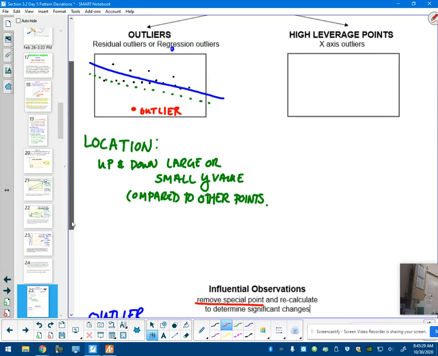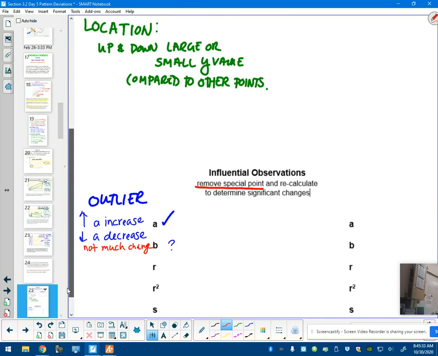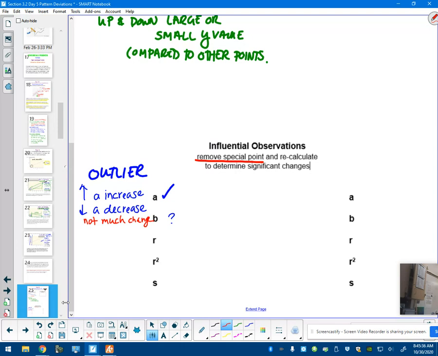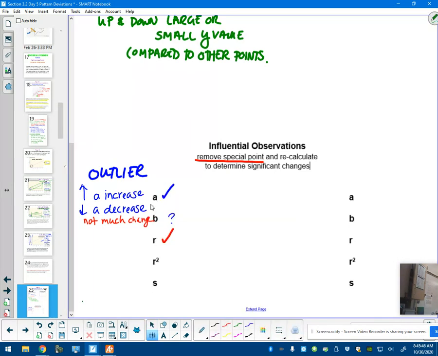If I went up here and I took that red point out, is R going to change? Trent says yes. Yes, this will probably change. And how is R going to change? It's going to get stronger, which means it's going to get either closer to 1 or closer to negative 1. I can't say it increases. R is going to get stronger.